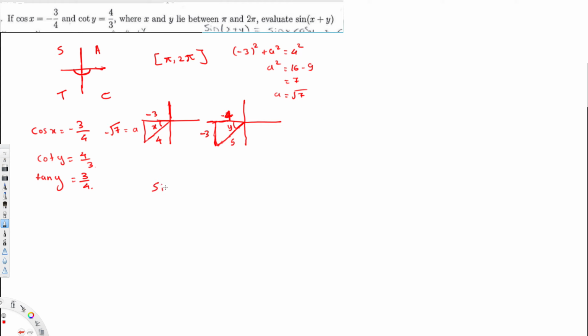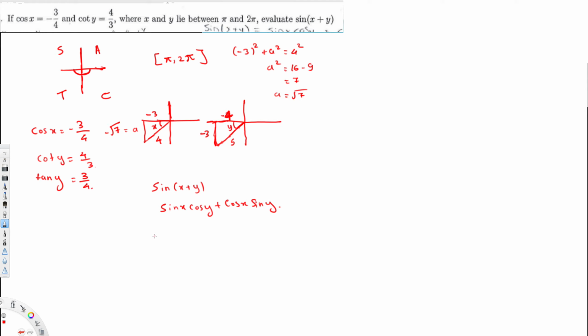The question given is sin(x + y). The addition formula expands like sin x cos y plus cos x sin y. Sin x is going to be opposite over hypotenuse.